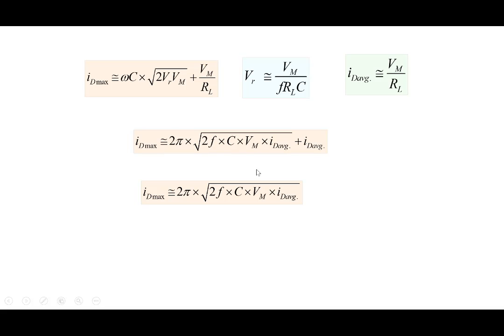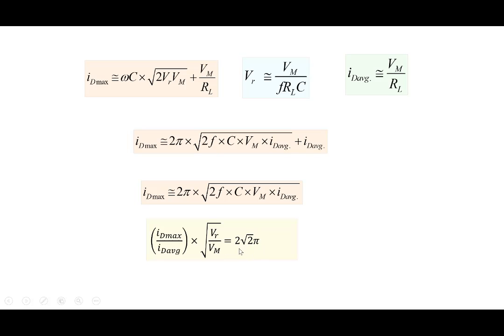And as I've said, this term is going to dominate, and so we can neglect this particular part here. And the ID average is Vm by RL. The average diode current is nothing but average load current here, Vm by RL. And so we can combine ID average and ID max into this equation: ID max by ID average multiplied by square root VR by Vm equals 2 square root 2 pi.